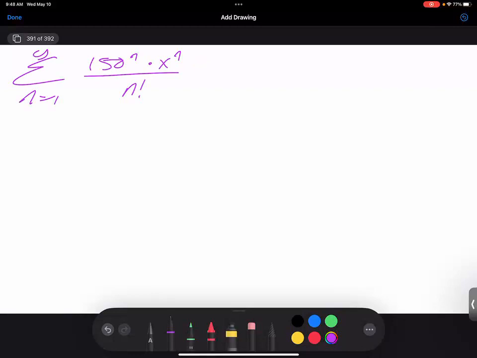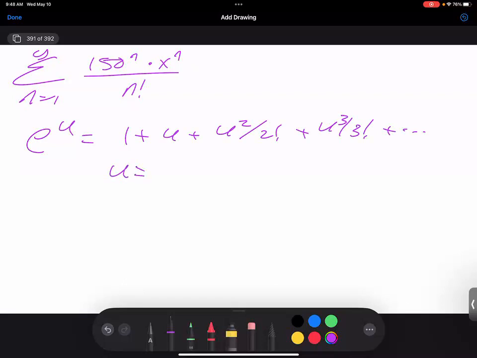The easiest way to do this is, remember, I'll use a different letter, e to the u is 1 plus u plus u squared over 2 factorial plus u cubed over 3 factorial plus dot, dot, dot. What should I take u to equal? So what's another way to write the numerator of this?